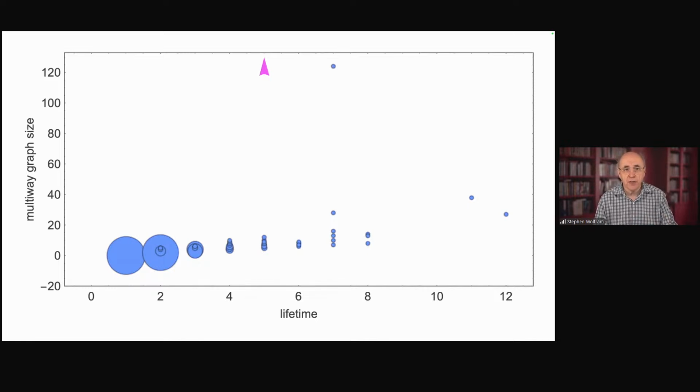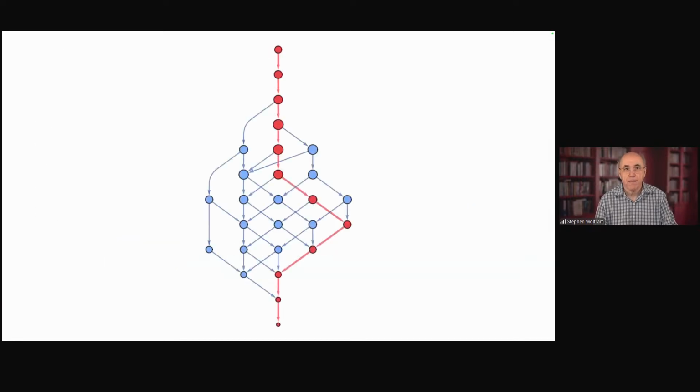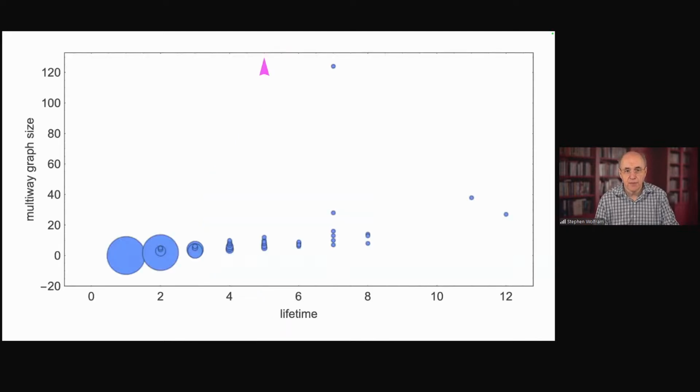Although it's worth noting that even the lambda with the longest standard evaluation lifetime, which is 12 in this case, still has a fairly modest 27-node multi-way graph that looks like this. While the longest finite multi-way graph with 124 nodes occurs for a lambda with standard evaluation lifetime 7. So we see that's that point there.